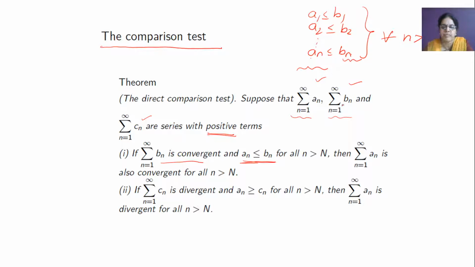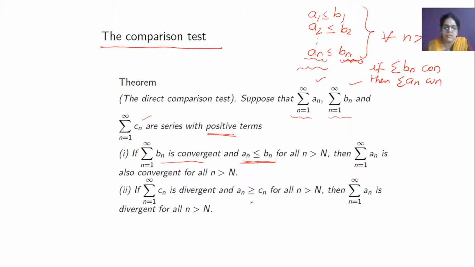So if the terms are less than or equal to the terms of another series after a particular value of n, and sigma bn is convergent, then sigma an is also convergent.